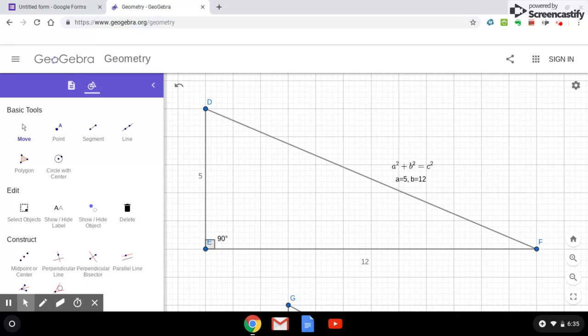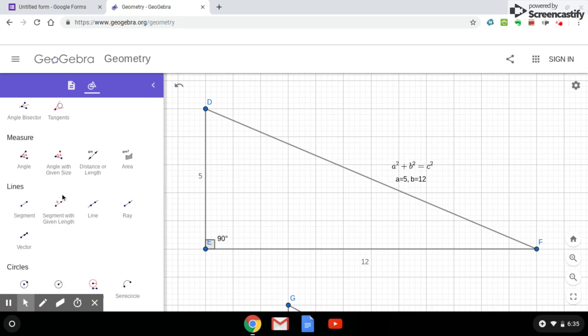To start, we're going to find 5 squared and 12 squared. Now to find 5 squared, we know that from our heads. Hopefully we've had that memorized for a while. 5 squared is 25, and 12 squared, we should also know, is 144.